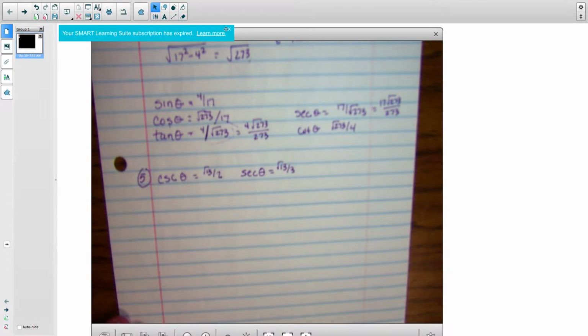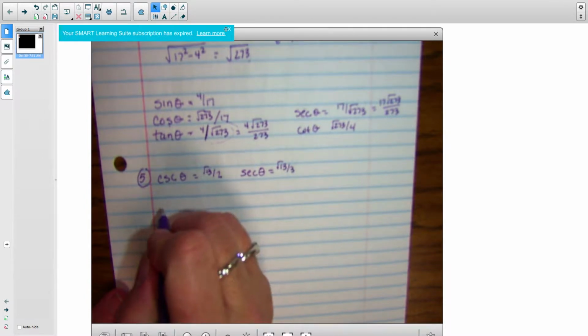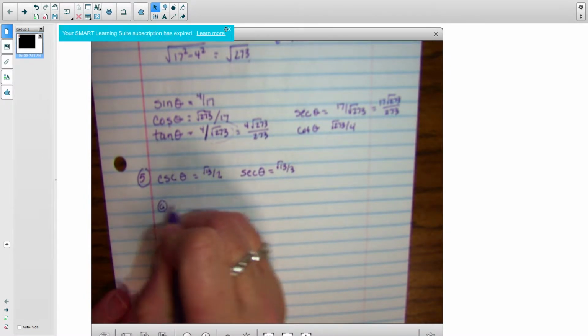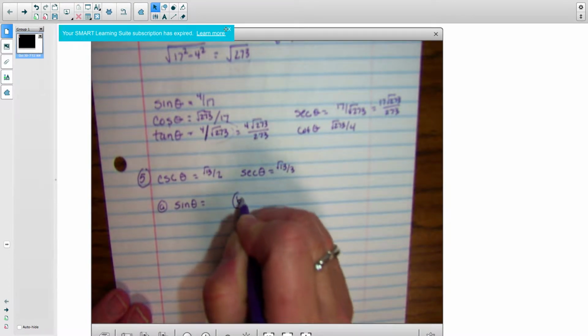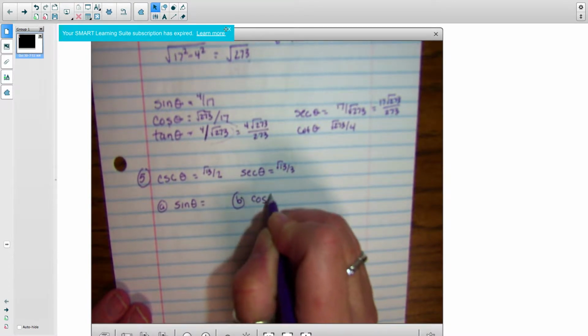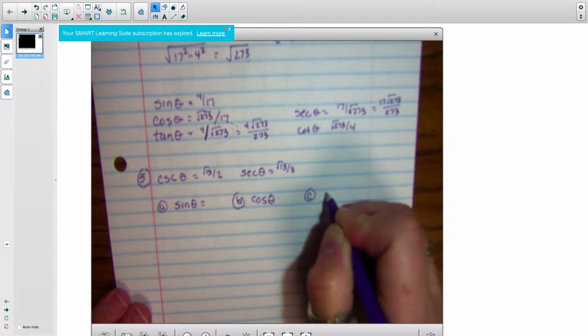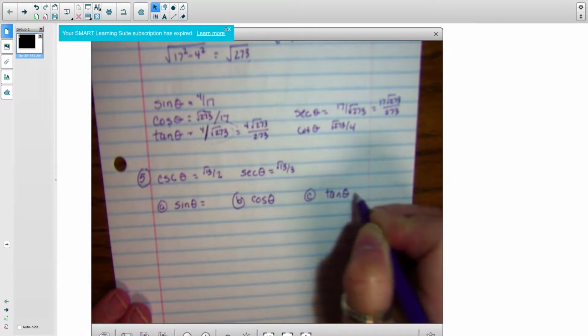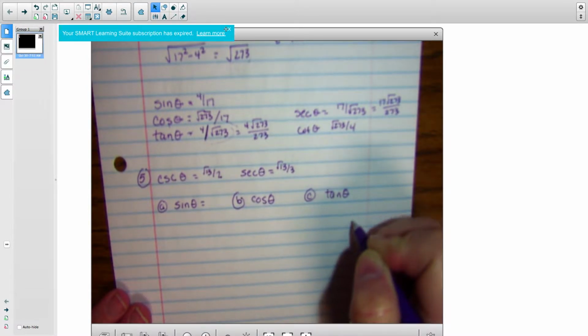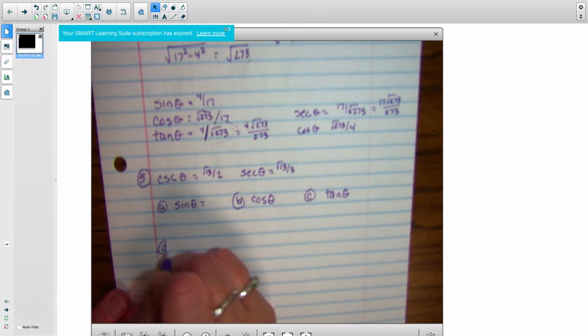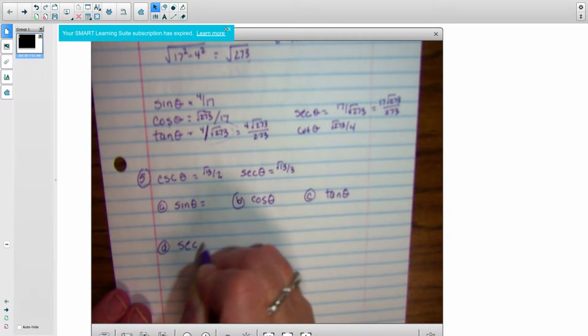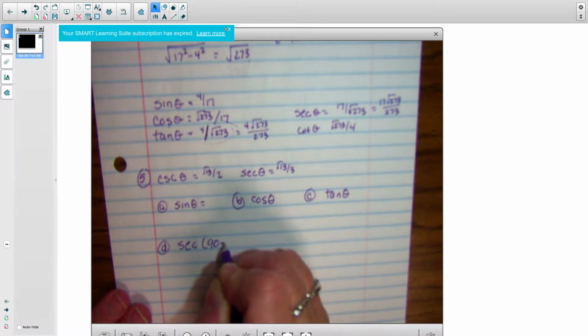All right, so here it says use the identities to find the answers. A, sine of theta. B, cosine of theta. C, tangent of theta. D, secant of 90 minus theta.